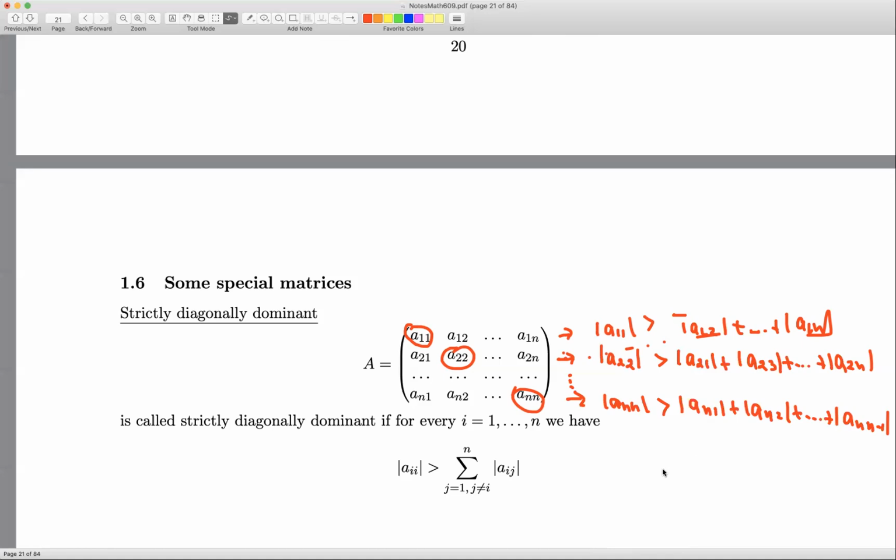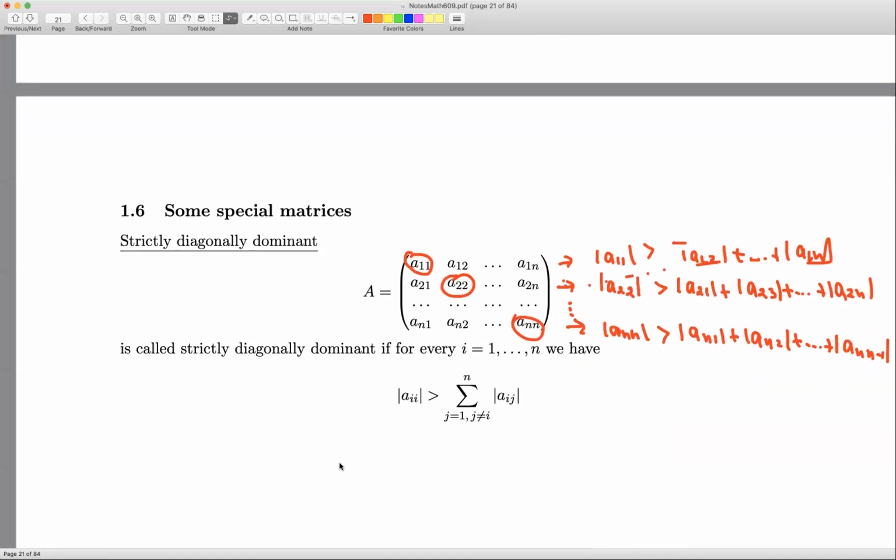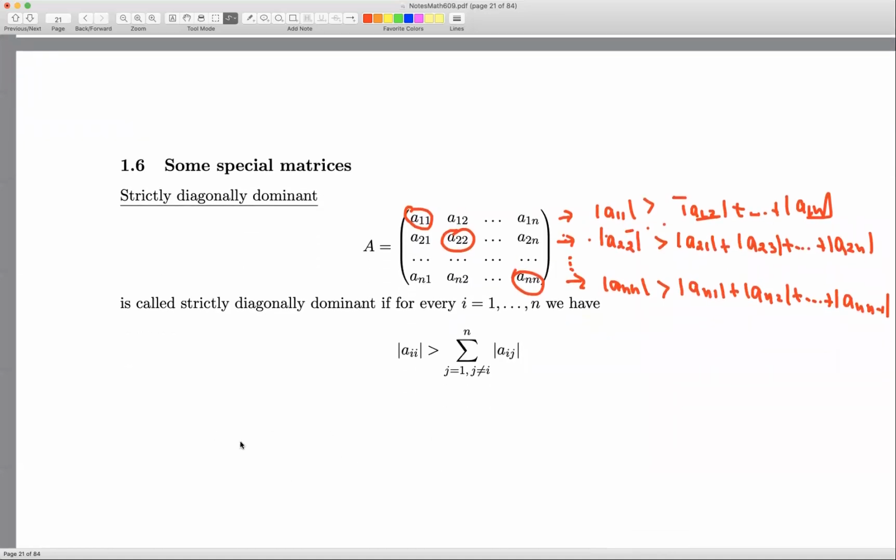And for example, how can we check if a matrix is strictly diagonally dominant? Let's look at an example. Somehow this would mean that the mass of the entries is concentrated in the diagonal. So if I have, let's say, the matrix with rows -6, 1, 0; 3, 5, 1; 4, 7, 13.